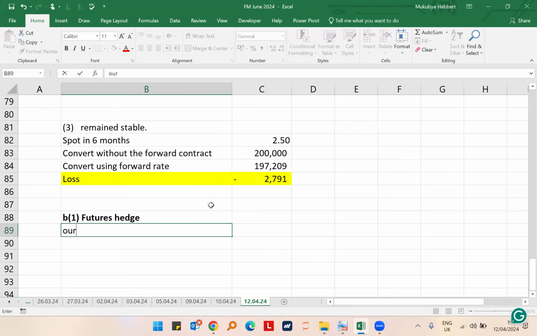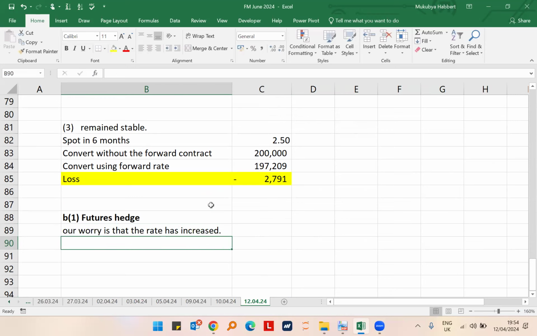So our worry is that the rate has increased, which means that to avoid that issue, since the futures price will also have increased, we can buy futures now and sell them later. So this is basically the summary of it.